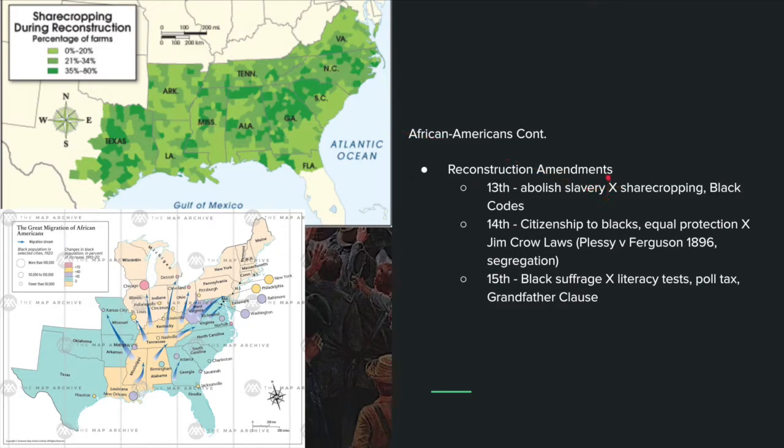Now, I put this X here as an indicator that it does not work. We still have the new system of sharecropping in the South, where a plantation owner will rent out a piece of land to his former slaves, and they will get stuck in a debt cycle, and they will basically be slaves once again. We also have the Black Codes passed, which are going to outlaw vagrancy.